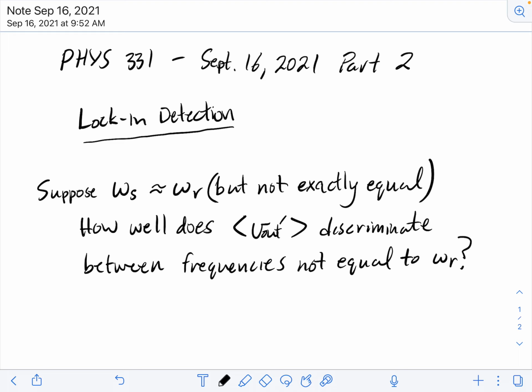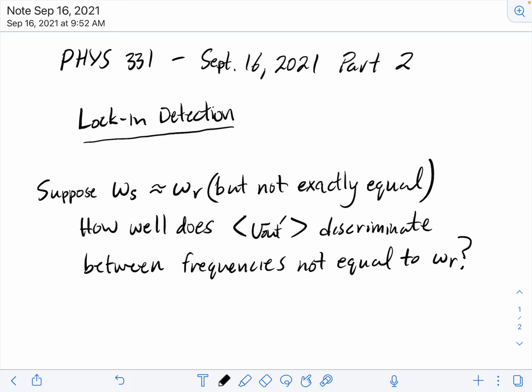So today what I want to do is continue our discussion of lock-in detection. What we saw last time is that our lock-in detector takes two inputs, a reference input and a signal input, and multiplies those two signals together, does some filtering so that only the low frequency component of those multiplied signals survives, and then averages.